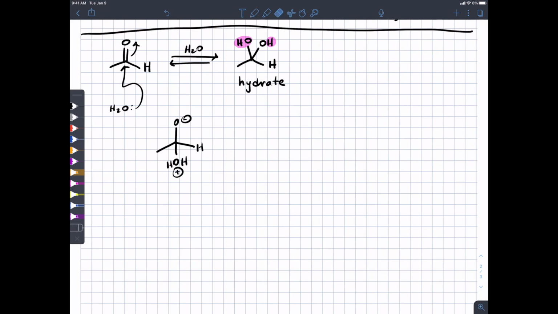And so it turns out that hydrate formation requires us to do this reaction in the presence of a little bit of acid. Now, thankfully, even at pH 7, there's enough acid to make this happen. But mechanistically, what likely occurs is that first you have some amount of hydronium, even a very small amount.